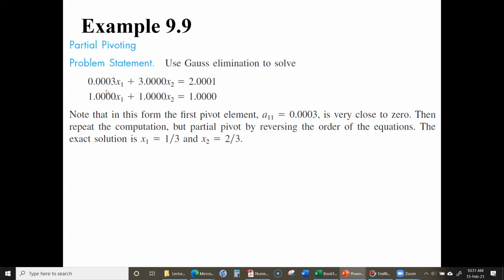Here we can see that in this system, we have these coefficients, 0.003 and 1. And these two coefficients for x1 and x2 are at the diagonal position.